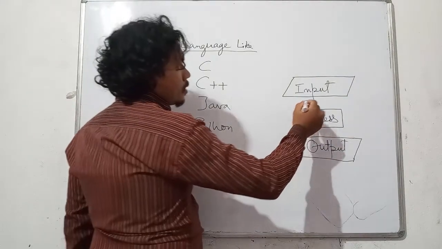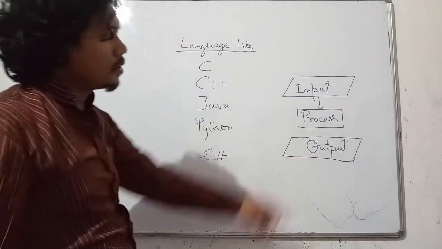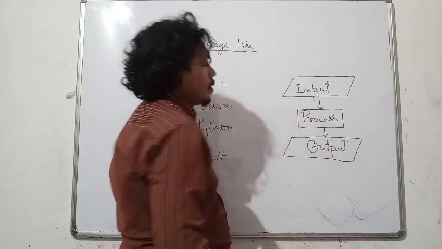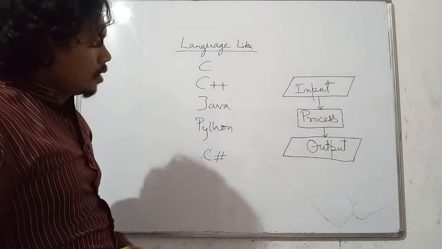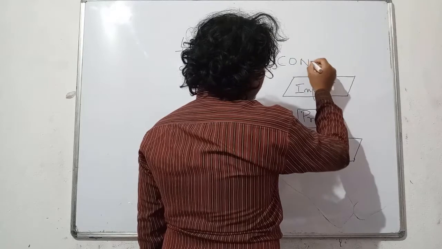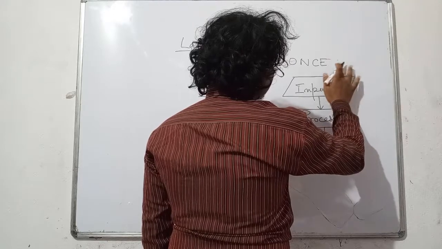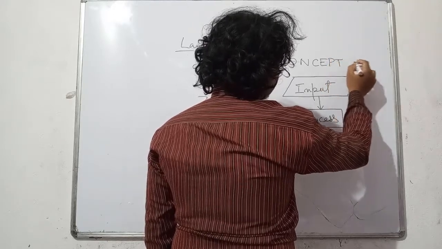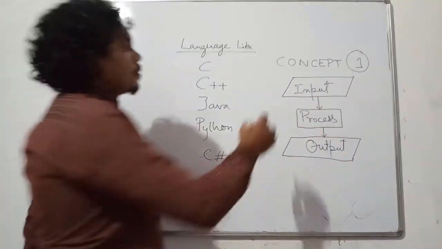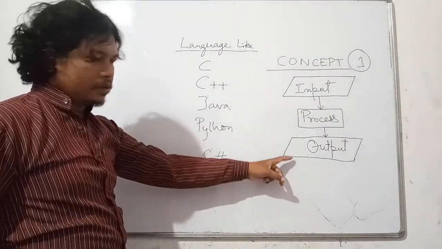So after input it goes for process, and after processing it goes to output. This is concept 1: input, process, output.